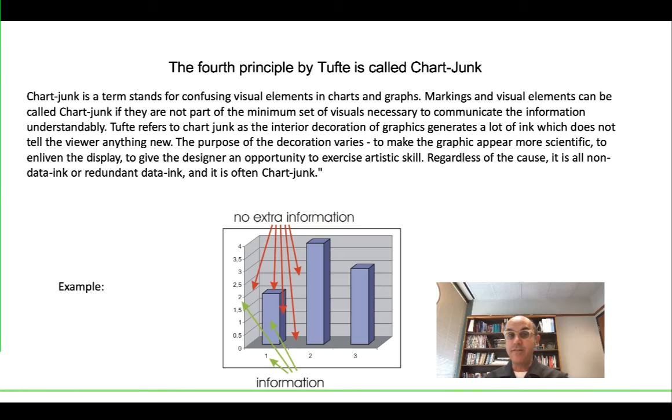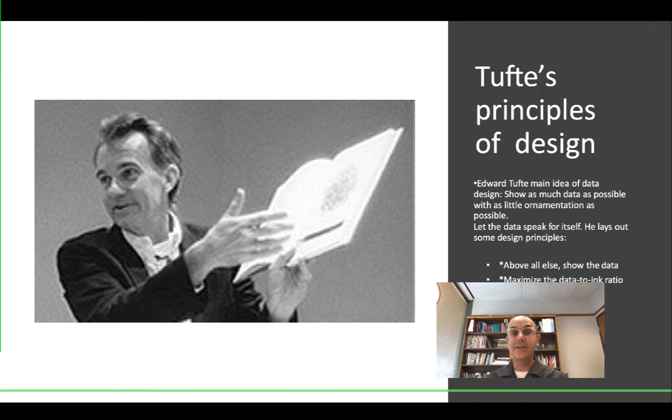The fourth principle by Tufte is called junk. I don't want to see extra information that does not provide us a better understanding of the data. It will only confuse us. Do not try to add more illustrations or symbols in order for us to understand what it is.